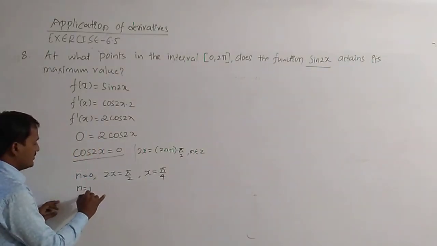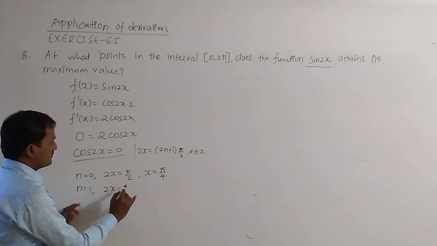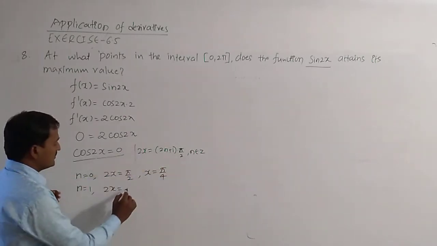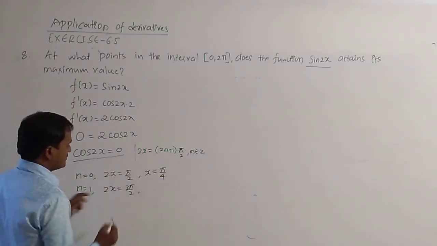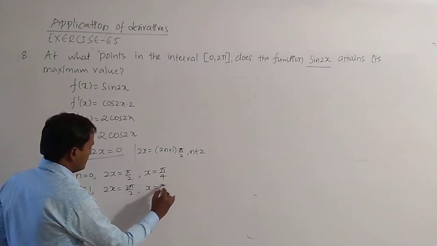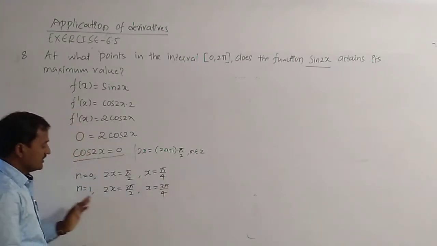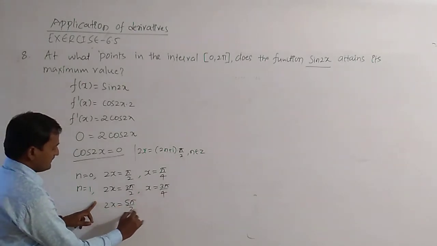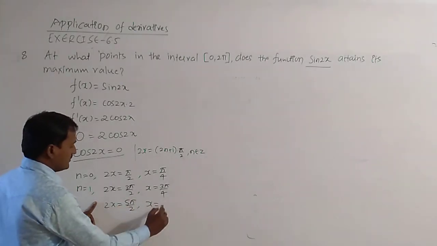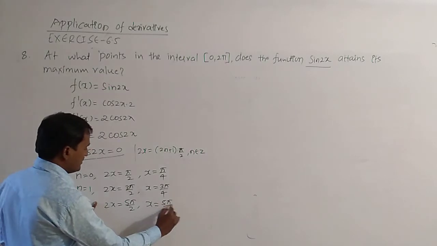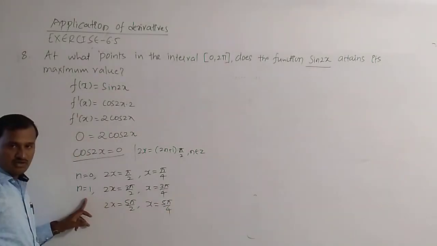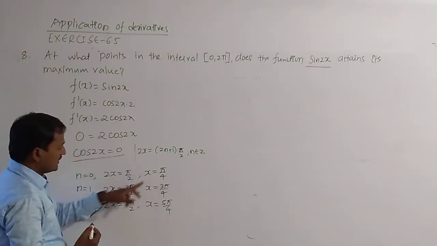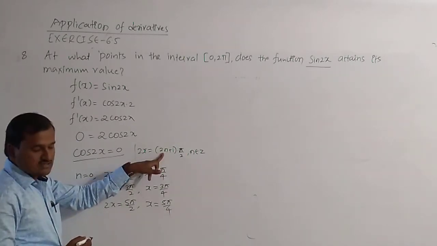Similarly, if n equal to 1, then 2x equals 3 pi by 2. So clearly x is 3 pi by 4. Similarly, 2x equals 5 pi by 2, then x equals 5 pi by 4. Similarly, if you substitute n equal to 3, then it is 6 plus 1, 7.